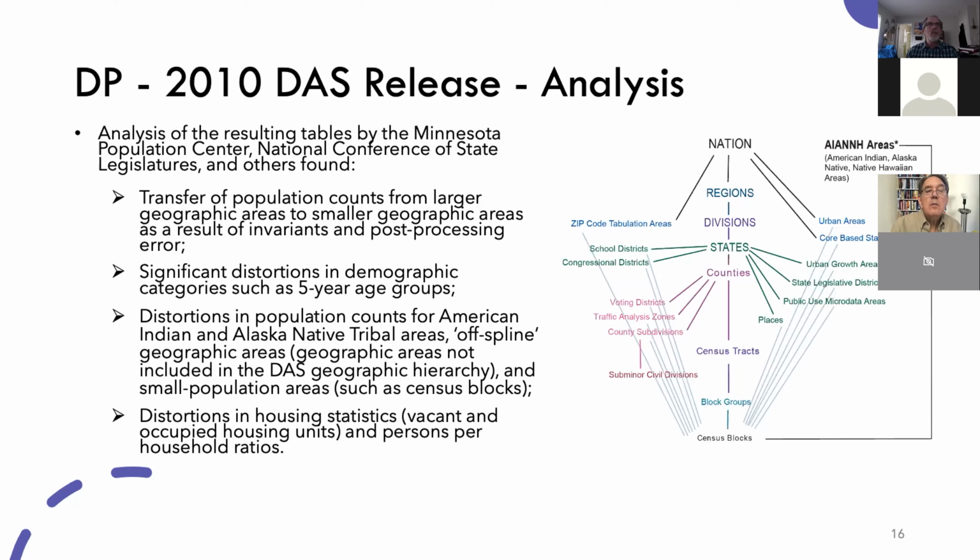Finally, there were distortions in housing statistics, vacant and occupied housing units, and especially in persons per household ratios. The reason for this is because the two data sets, the household data set and the person data set, were processed separately. They actually used separate differential privacy mechanisms for each of those data sets.